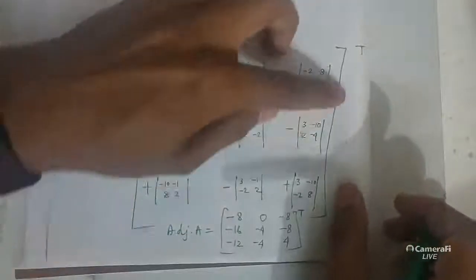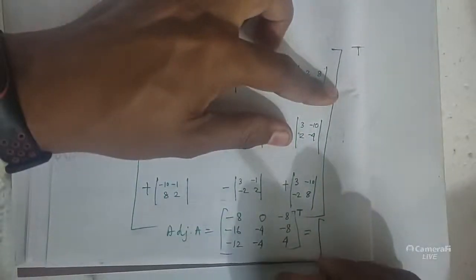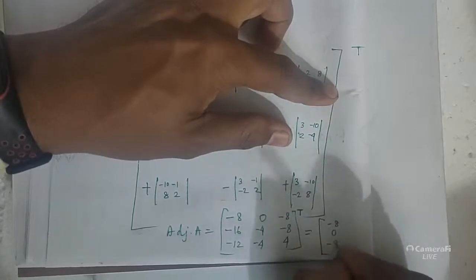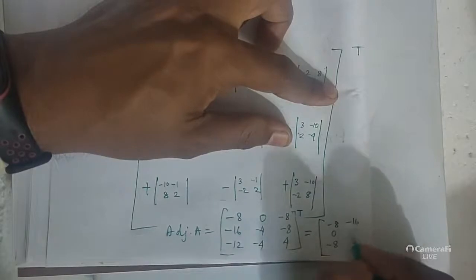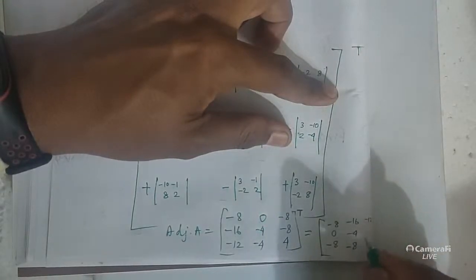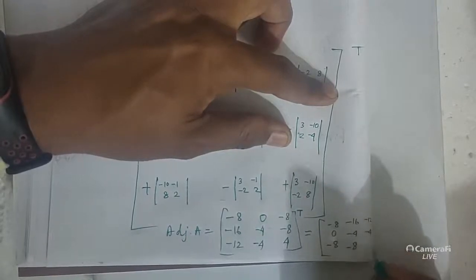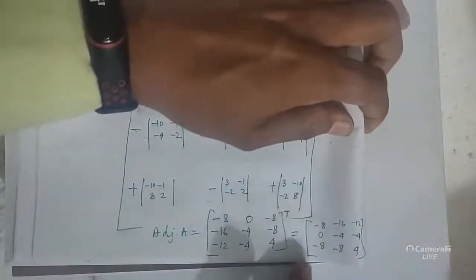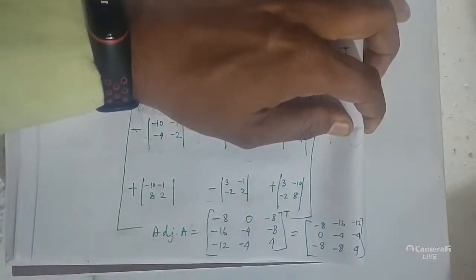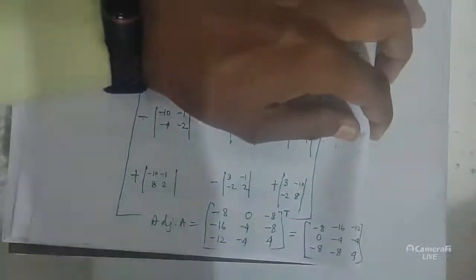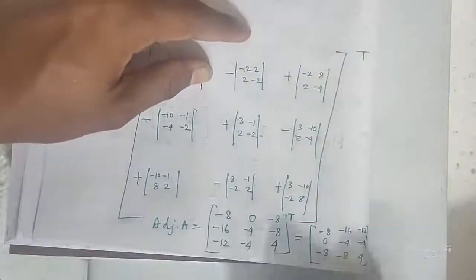So ultimately what you have here is minus 8, 0, minus 8, minus 16, minus 4, minus 8, and minus 12, minus 4, 4. This is the matrix adjoint A.